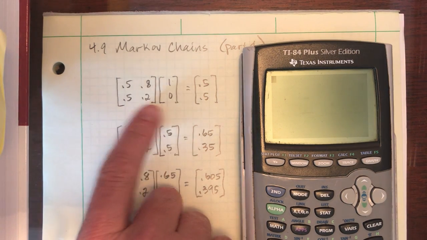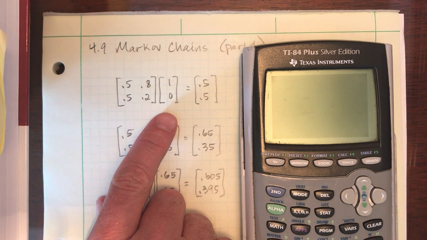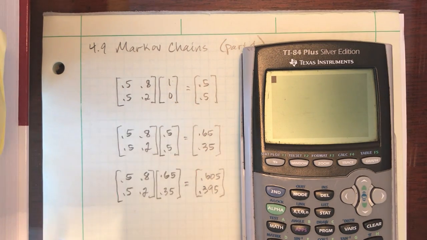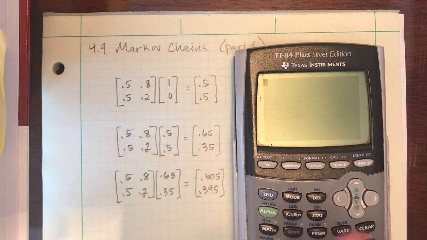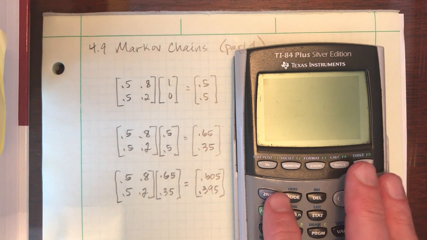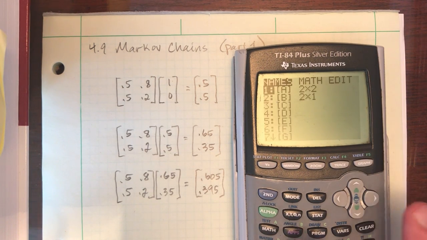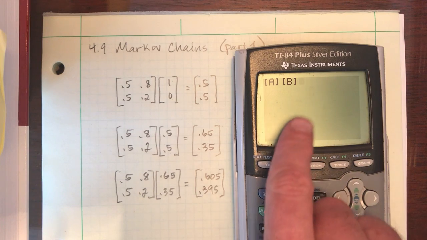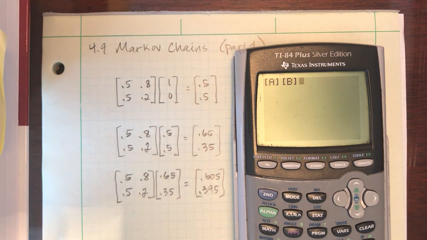Okay, so again, easy enough to ask my calculator to do this, but I'm going to show you a feature that's pretty powerful that takes this chain idea. It's perfect for our calculator. So let's just ask the question, what is matrix A times matrix B? Before we hit enter, I want to store that into a new matrix.